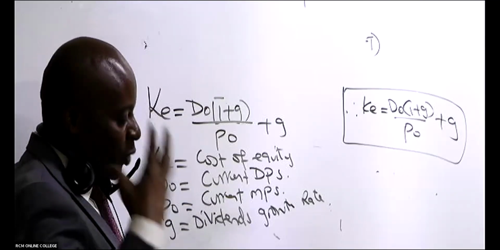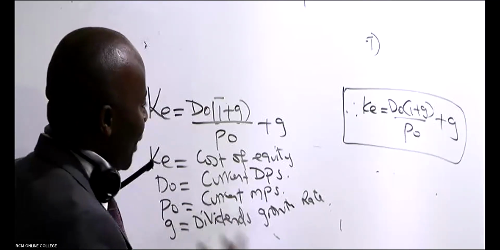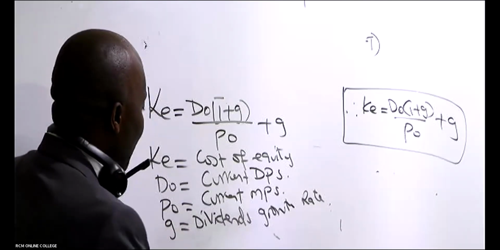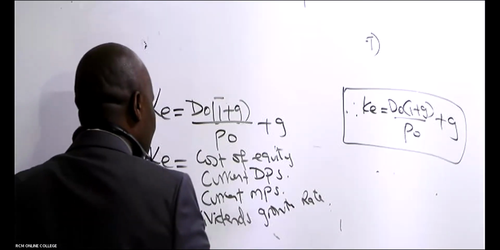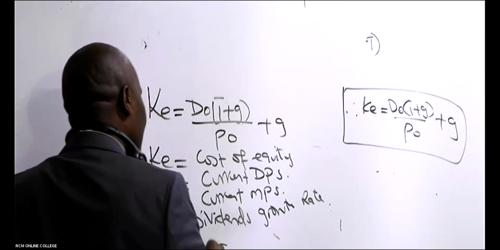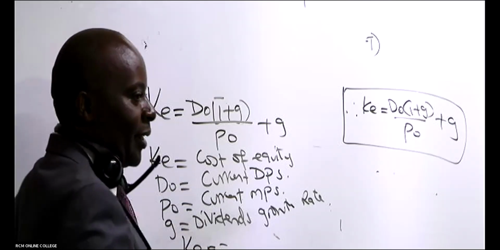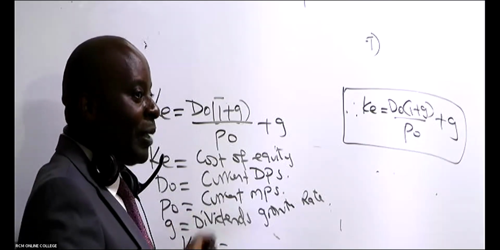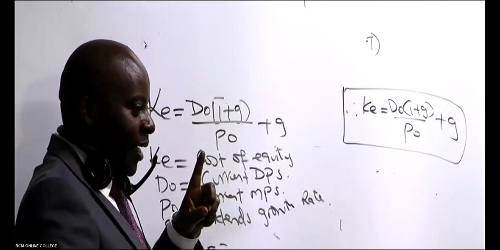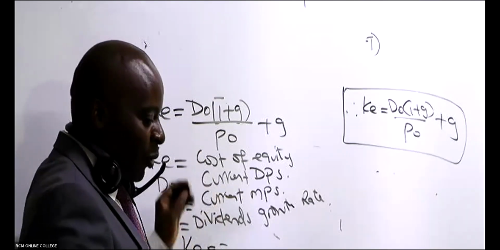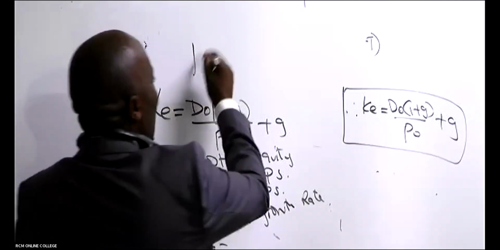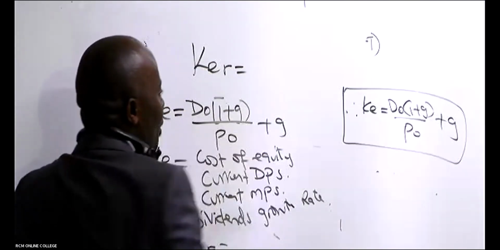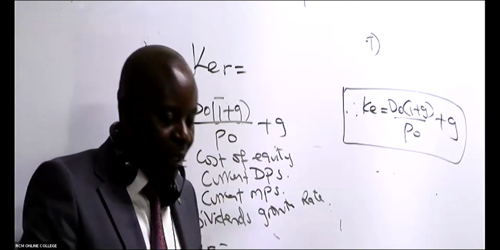So I would want you guys to scratch your hairs and try as much as possible to compute for me the KER. I'll call it KER. Can somebody tell me why I am calling it KER? The first one you compute is called KER because it's the cost of equity but retained earnings. So I want somebody to compute this KER for me. Just try your best, within 2-3 minutes.